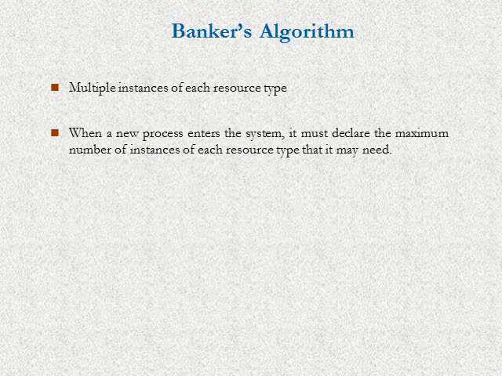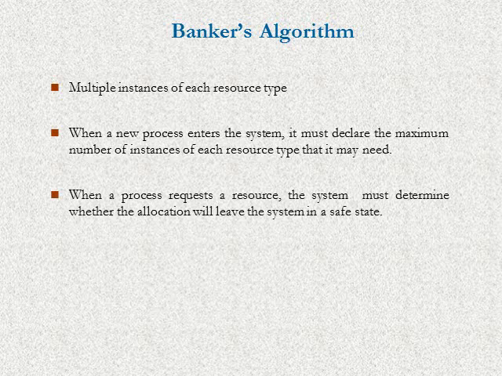When a new process enters into the system, it declares the maximum number of resources that it will require throughout its execution. So once a process requests a resource, the system determines how many resources it has in the system, and once this allocation is granted to this process, whether the system will remain in the safe state or not. If the system remains in the safe state, this request is granted.